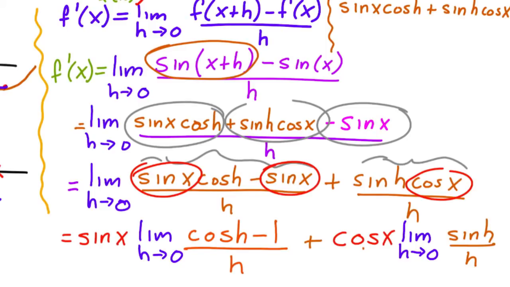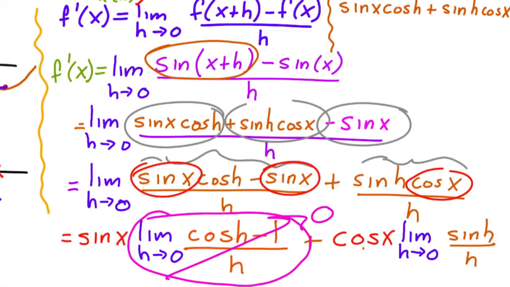Okay, so now take a look at this. If you go back to the limits that we gave in the beginning, this guy right here is just equal to 0. So what I have is sine of x times 0. That's 0 with a smiley face on top. Woo!